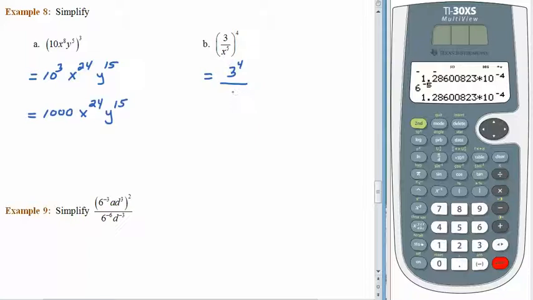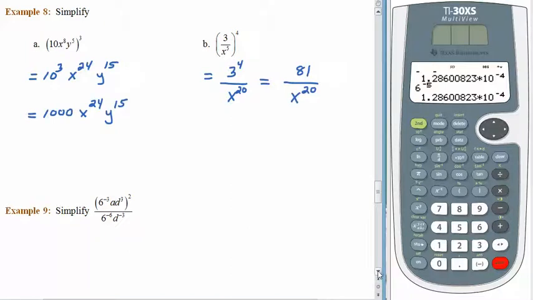And you'd have x to the 5th times x to the 5th times x to the 5th times x to the 5th in the denominator, which would give us x to the 5 times 4, which is 20 power. And then just like before, all that's left to do is to take care of the constants. 3 to the 4th is 81. X to the 20th power in the denominator won't change.